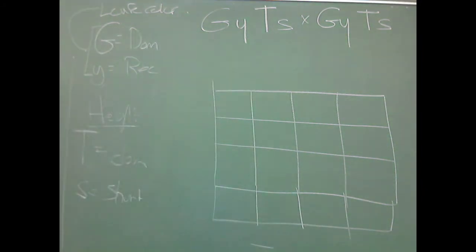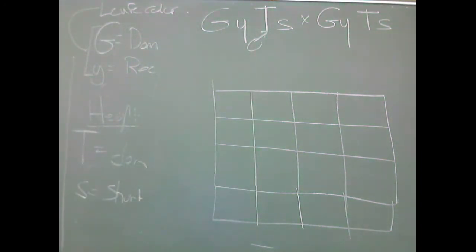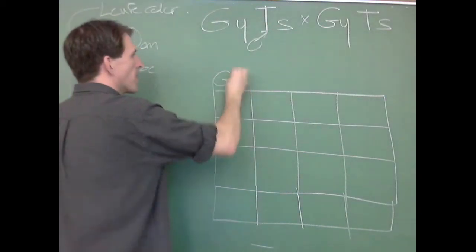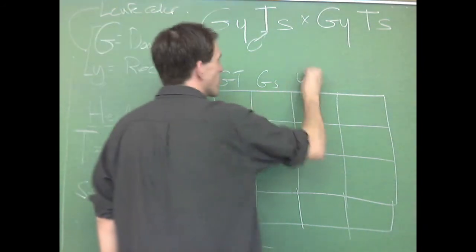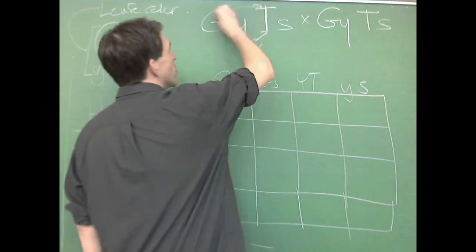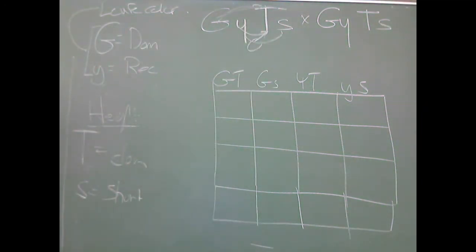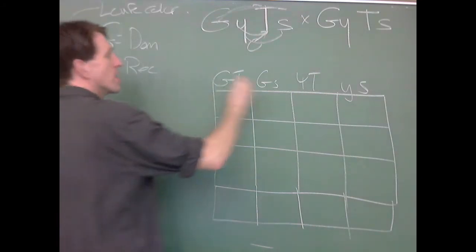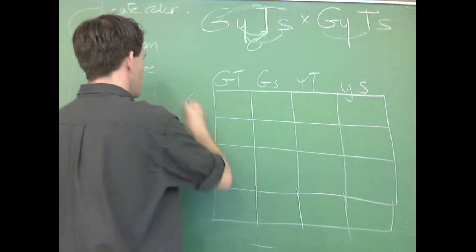All right. Now, the male. What kind of gametes could that male make? Green and tall. What else? Green and short. What else? Yellow and tall. Yellow and short. And again, you just did that FOIL thing, right? All right. Now, how about the female? What can she make? The same thing, right? Green and tall.